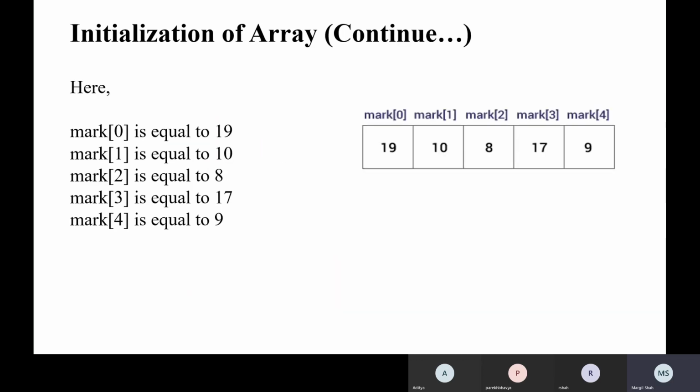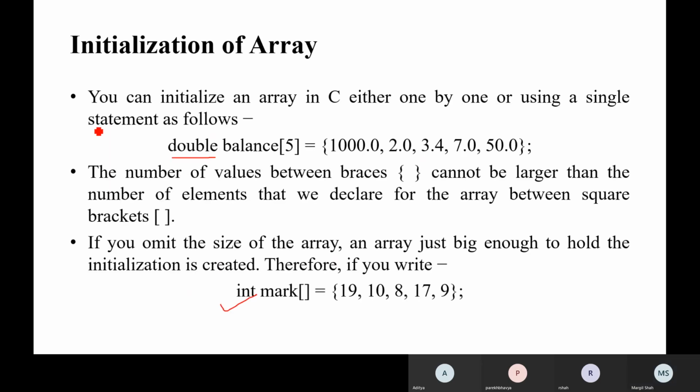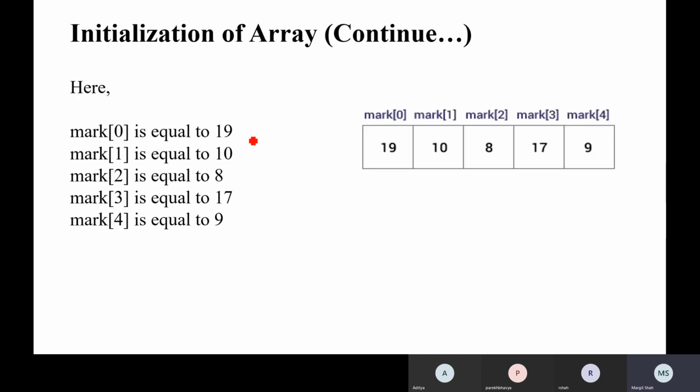Here we have an array named marks, right? This one, marks with these values. So marks of 0 is 19, marks of 1 is 10, marks of 2 is 8, marks of 3 is 17, marks of 4 is 9. So it stores like that: 19, 10, 8, 17 and 9.